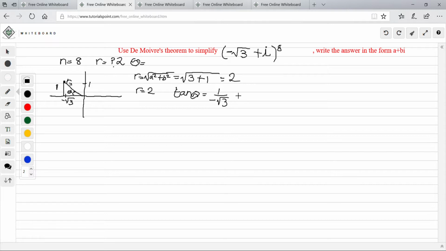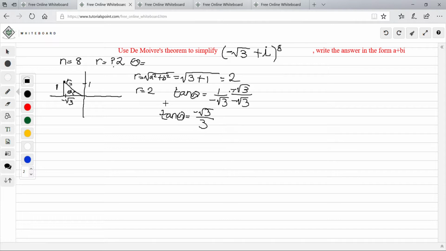We can rationalize the denominator by multiplying by -√3, so tangent theta is -√3 over 3.